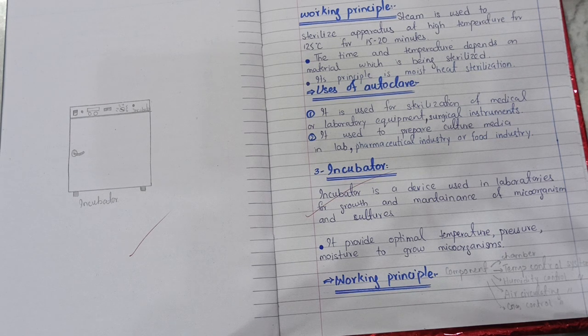So the food containers should be sterilized, because we cannot afford any kind of microbe present inside the food container. In the pharmaceutical industry, a lot of medicines are produced, and the containers of all of these medicines are cleaned or sterilized by the autoclave.